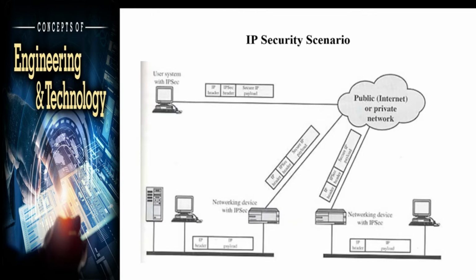When you have the IP security scenario, different users will be connected from different locations. These users will be connected either in the public network or in the private network. For example, within organizations, that can be taken as a private network.